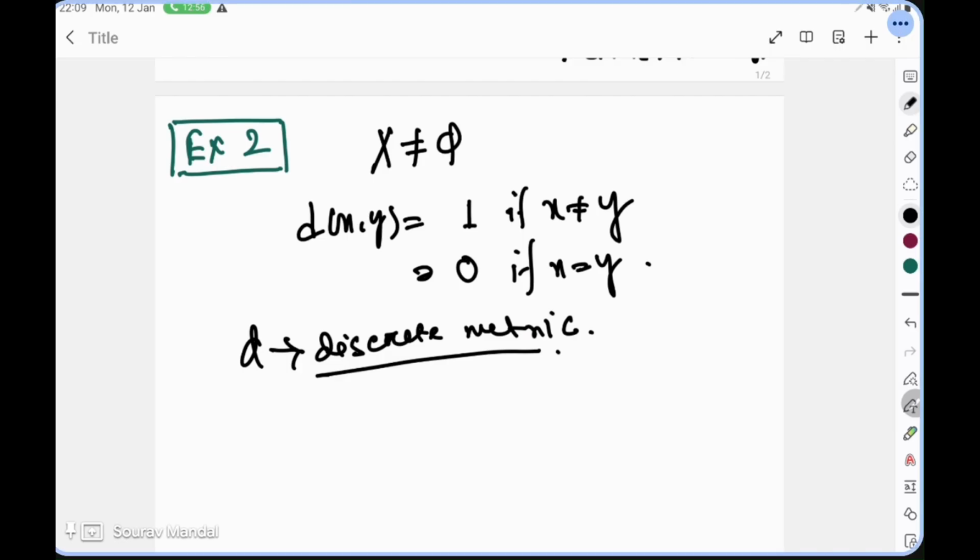Now, suppose X is just a non-empty set. How many possible metrics can you define on a non-empty set?